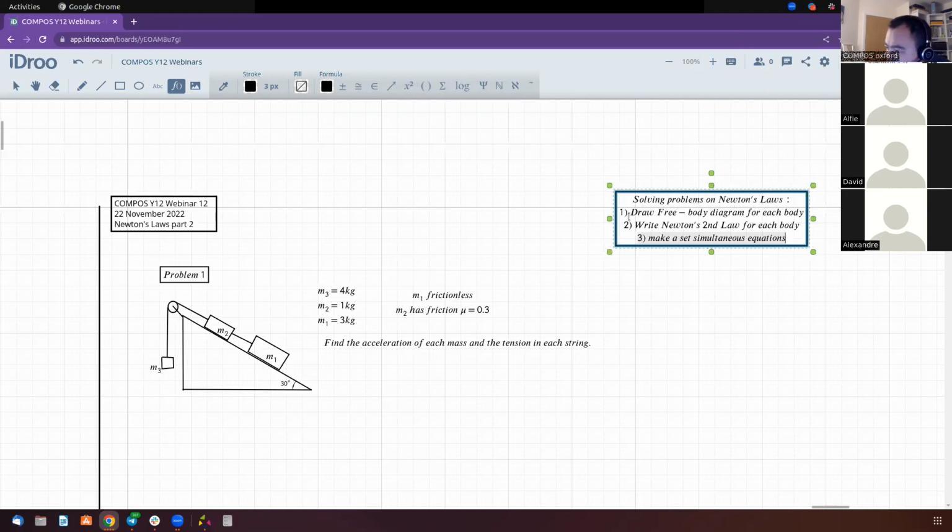Step 3 is step 3 for every single physics problem. Because as I have mentioned, if you cannot get a set of simultaneous equations, the problem is unsolvable.